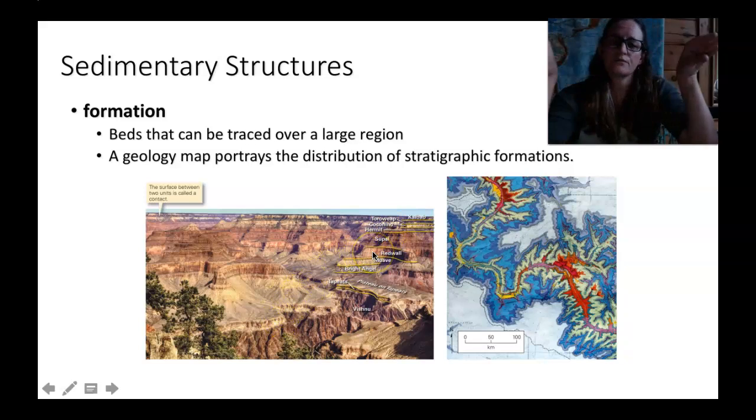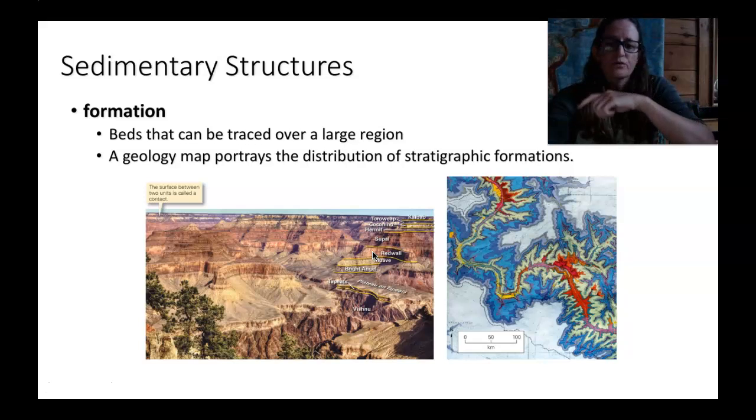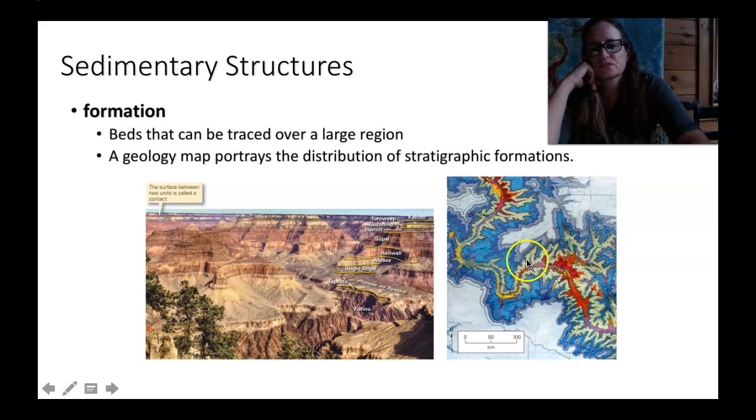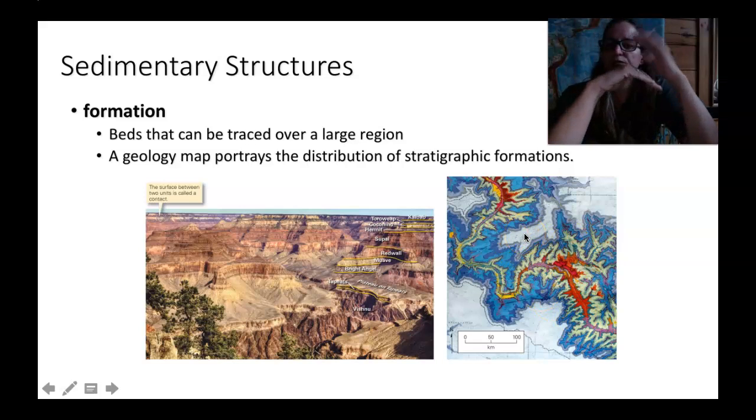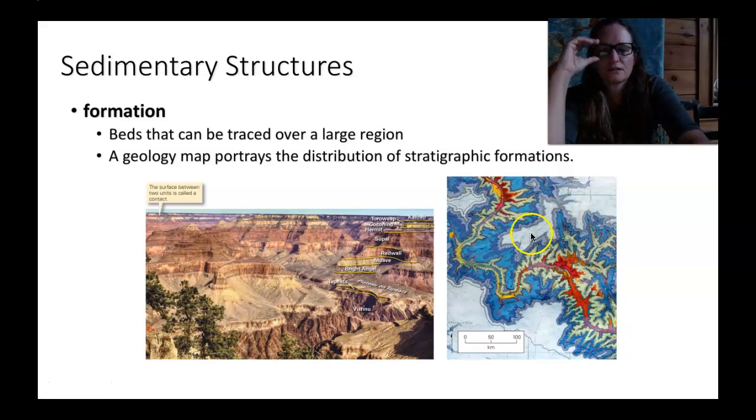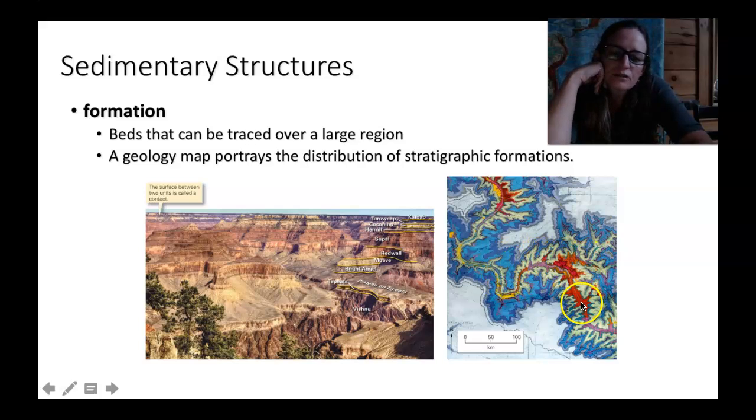Either way, we can map those over large distances in the Grand Canyon, and then we put them on a map. This is just a little cropped bit of the Grand Canyon, and snaking through the middle is the Colorado River. It's flowing from right to left, and down in the bottom of the canyon, the reds and pink are granites and schists.